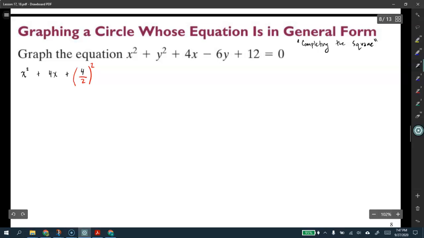Now we're going to write down plus y squared, and then we're going to take the minus 6y and do the same exact strategy. We put a plus sign, and then a set of parentheses like this, divide by 2, and put a square there.